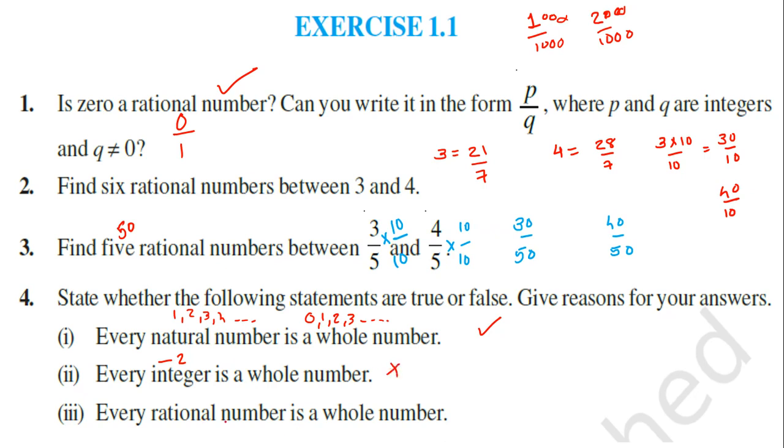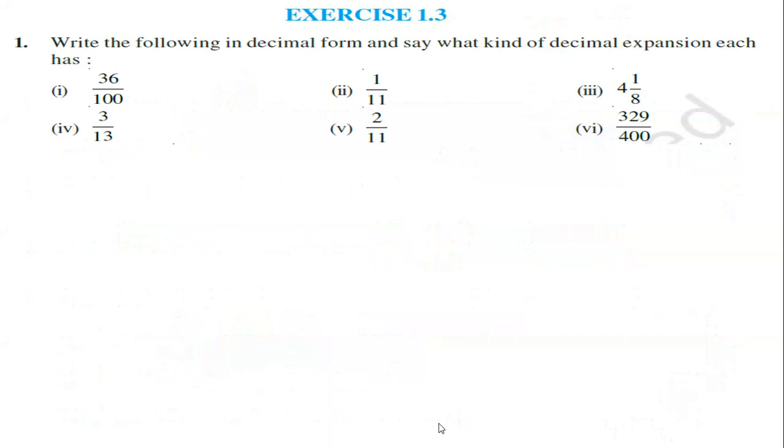And every rational number is a whole number? This is also false. The logic you know, because we have earlier discussed these things in deep detail. So this was your exercise 1.1 and exercise 1.2.